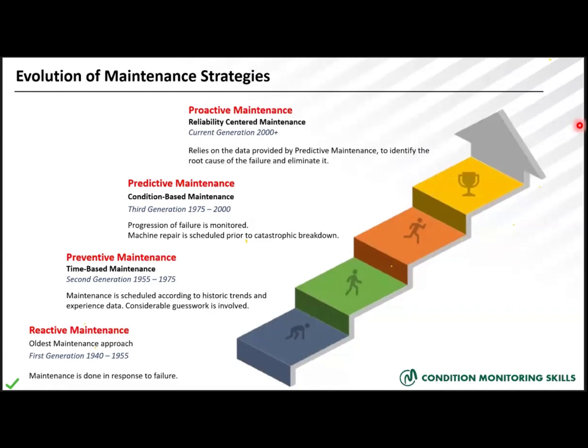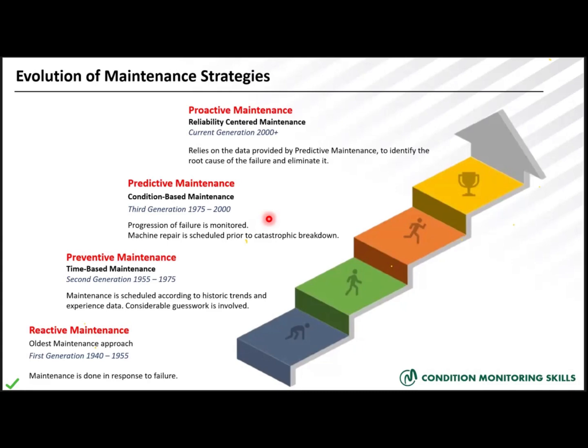The predictive maintenance strategy, which is the third one, is where the equipment condition is always monitored using tools, sensors, and techniques like vibration analysis, infrared thermography, and oil analysis. This allows the industry to predict the failure and take a maintenance action before the failure occurs.